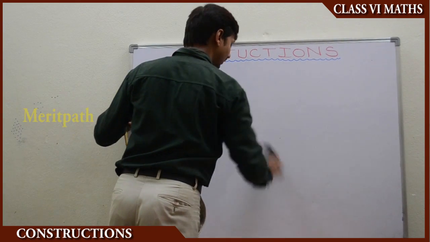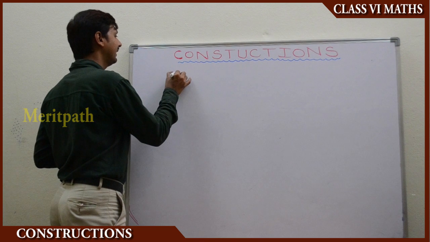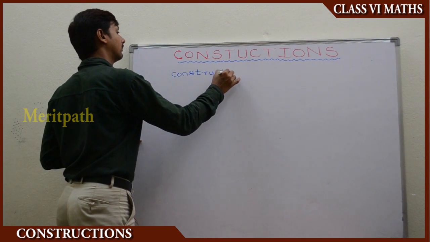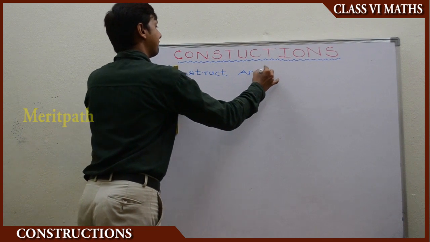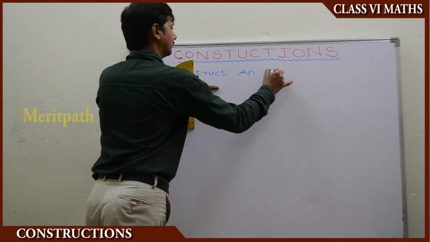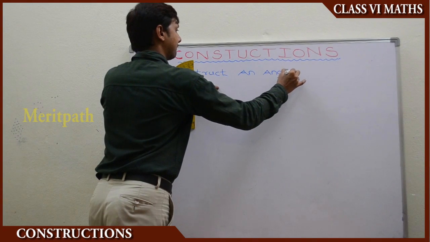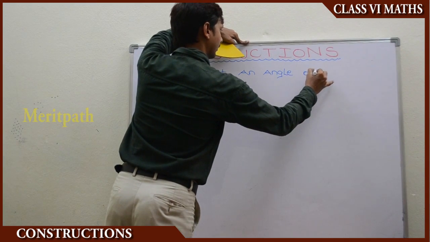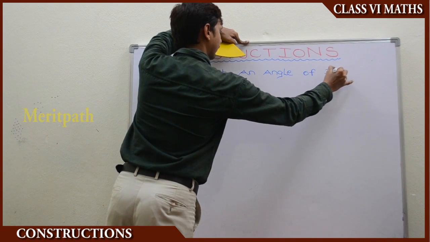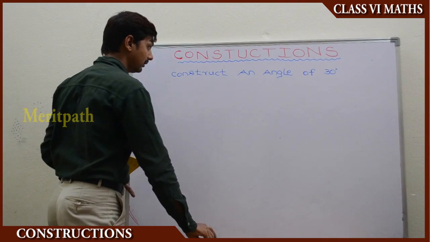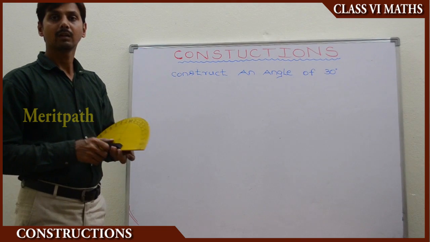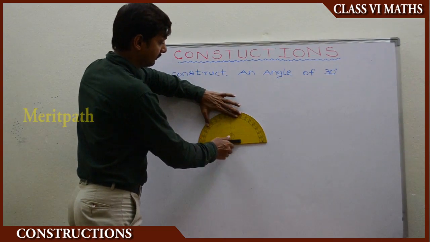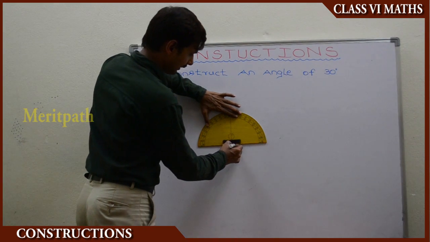Let's construct an angle of 30 degrees. We need to construct it, so let's take the protractor and keep it.